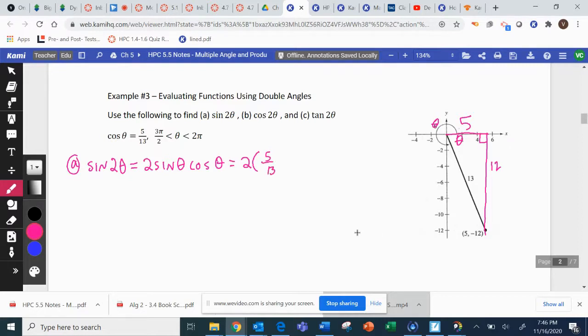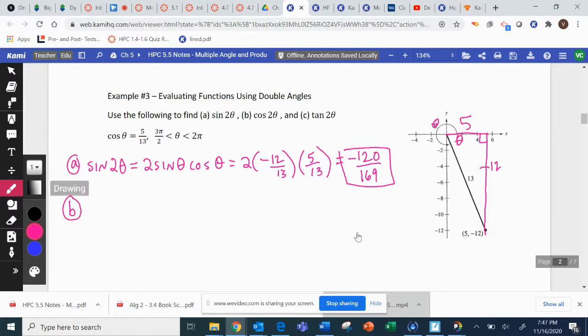Oops, I forgot something. Well, it's not 5/13, that's a cosine, sorry. My sine is, that's what I forgot, negative 12/13. And then my cosine would be 5/13. And so we're going to just multiply all that together. We'll get negative 120 over 169. And that does not reduce, so that would be the answer.